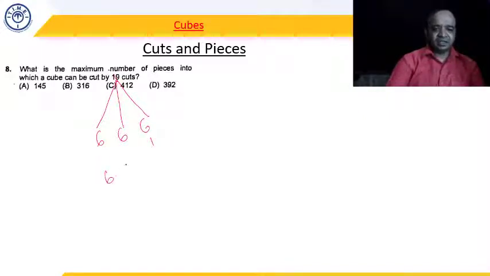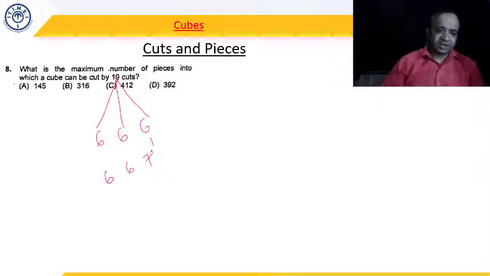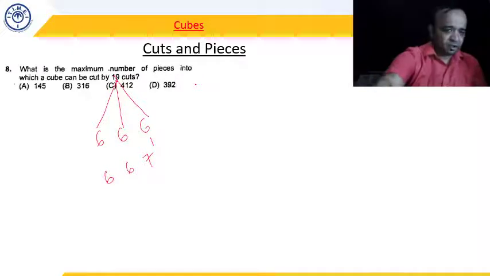So that makes the distribution of the cuts as 6, 6 and 7. I hope this is clear. And in that case, the total number of pieces can be obtained as 6 plus 1 into 6 plus 1 into 7 plus 1. So 7 into 7 into 8. 7 into 7 is 49. 49 into 8 gives us 392. Okay. I hope this is clear.